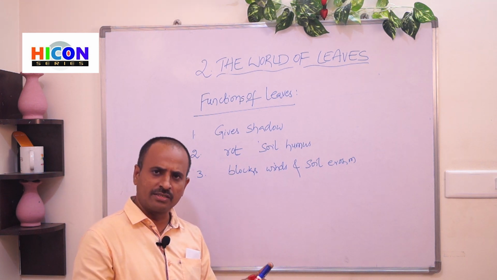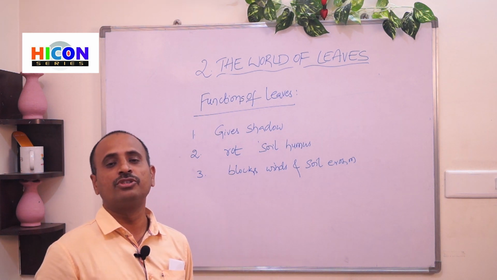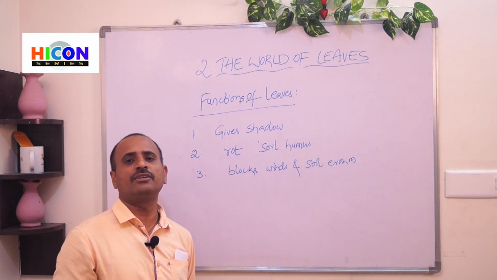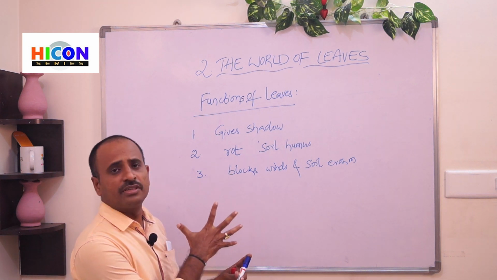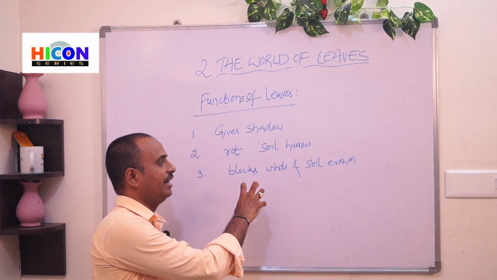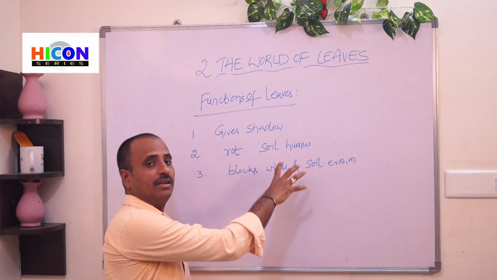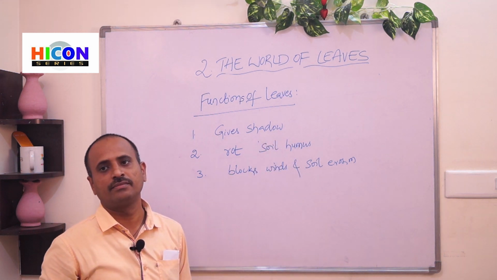Because of this, plants prevent the soil from erosion during rainy days and during cyclone times. That's why these leaves block the winds and block the soil and prevent soil erosion.